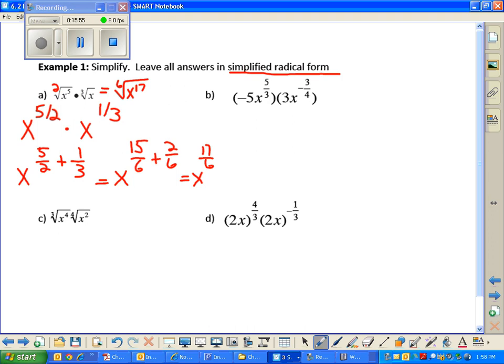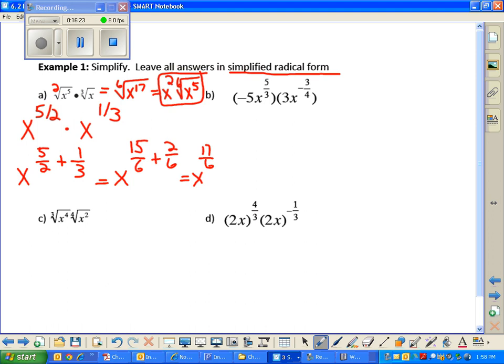Alec: Yeah, very good. So 17 divided by 6, or 6 goes into 17 how many times? Yep. And the remainder? Yes. So that's the answer as a simplified radical.